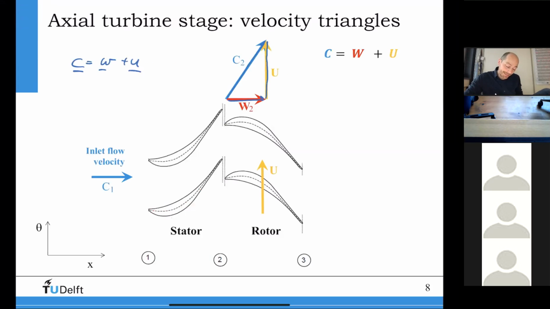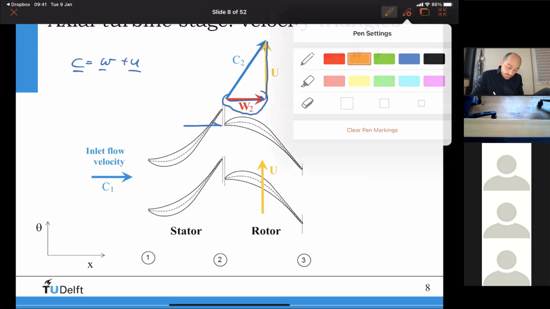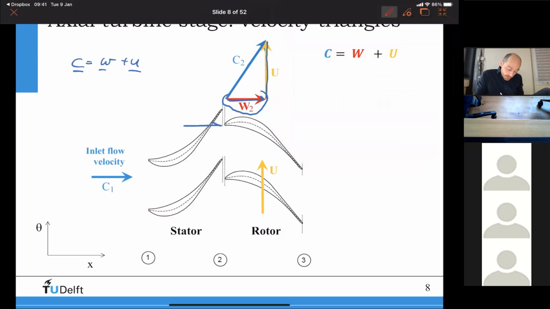So now I know my relative velocity at the inlet of the rotor, which is W2. And so you can see here the way I drew it, and I should maybe make it in red, that this here is W2. So W2 is this guy here. And it should be parallel to the camber line of the blade here.